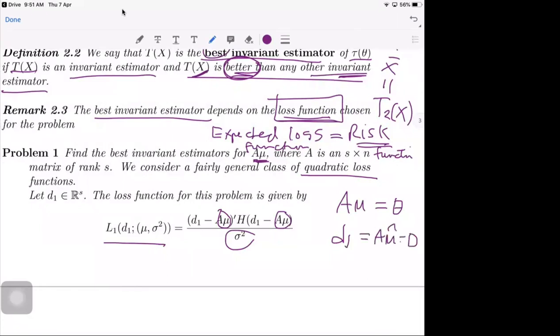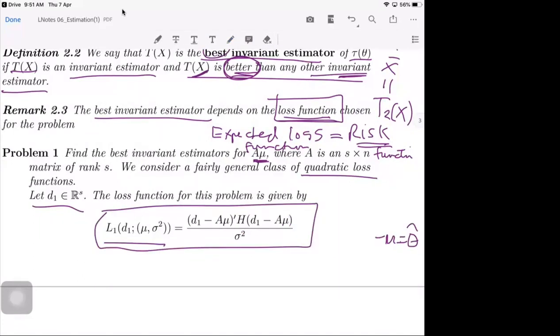Mao ni ato ang theta hat. So let D1 be an S by 1 vector estimate for A mu. So the general loss function here is given by this quadratic loss function.